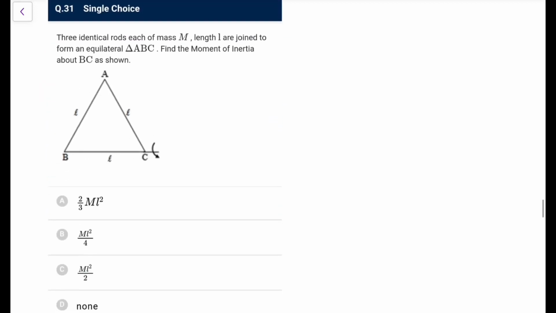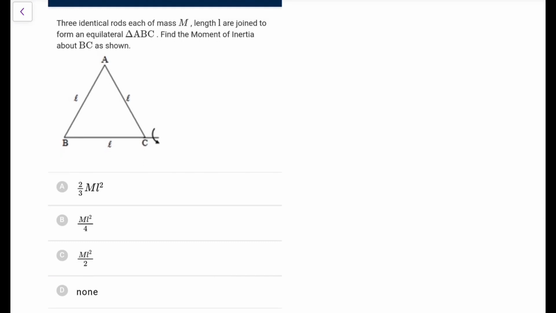3 identical rods, each of mass m and length L, are joined to form an equilateral triangle. Find the moment of inertia about BC. So these are rods. About BC, this moment of inertia is 0, and if I just remember, about such an axis you don't need to take the full length, you need to take only this component of the length, which I can write as L sine 60.